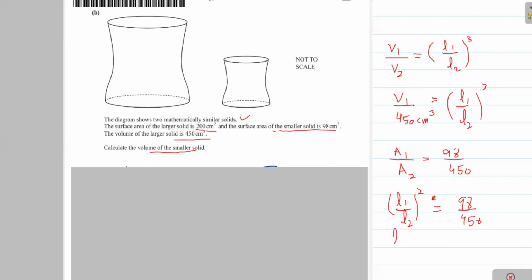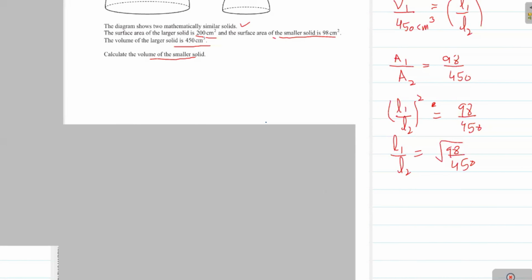Now we take the square root, we get L1 over L2 equal to square root of 98 over 450. Now this ratio 98 over 450 becomes 0.7.